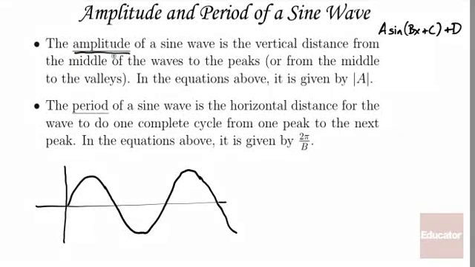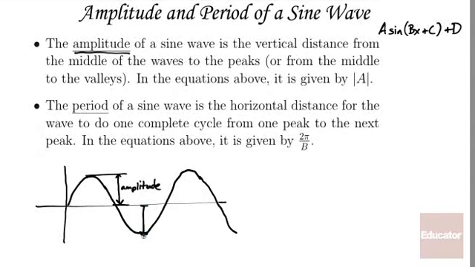The amplitude of the sine wave is the vertical distance from the middle of the wave to the peaks. So what that represents graphically is this distance right here. That's the amplitude. And of course that's the same as this distance.